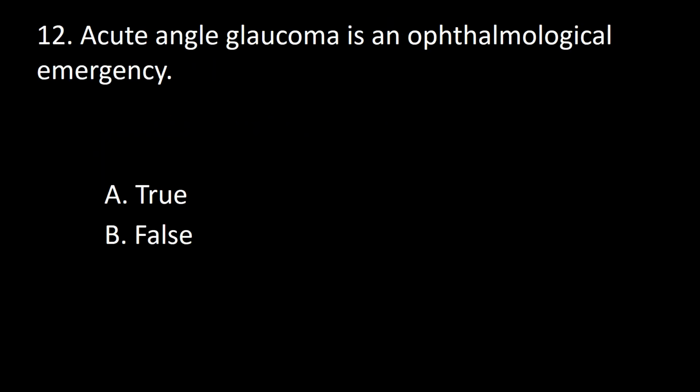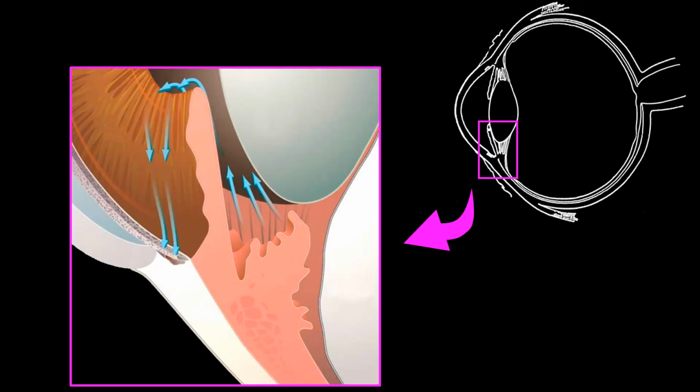Next question. Acute angle glaucoma is an ophthalmological emergency. A, true; B, false. In normal circumstances, aqueous humor is produced by the non-pigmented epithelium of the ciliary body. Then the aqueous humor flows anteriorly through the pupil.